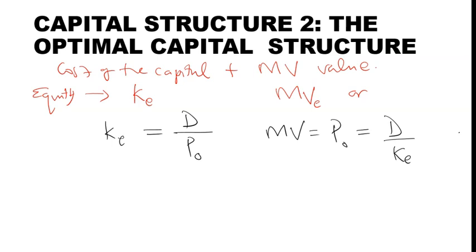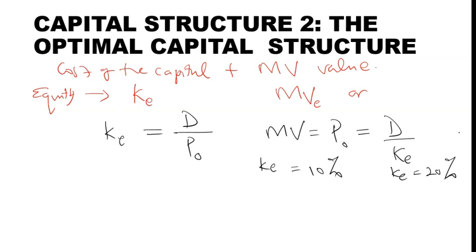In this case, the trick is that the KE should be as low as possible for the market value to be high. For example, let us take two scenarios. Let us consider a scenario where KE is equal to 10% and where KE is equal to 20%.